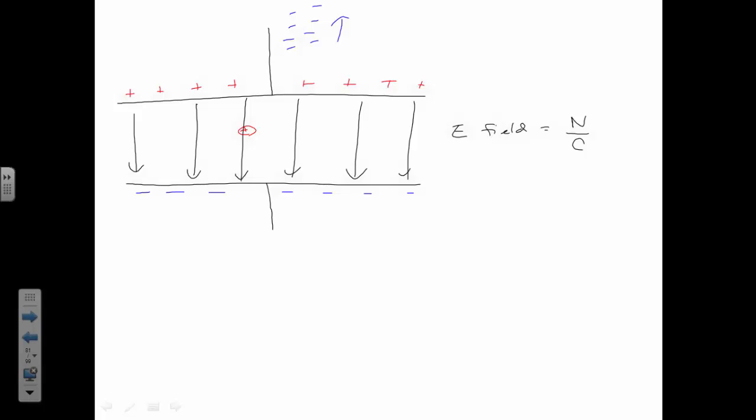Now, let me ask you here. What if I were to take a solid metal sphere, with no charge on it yet, so I've got positives and negatives in balance here.